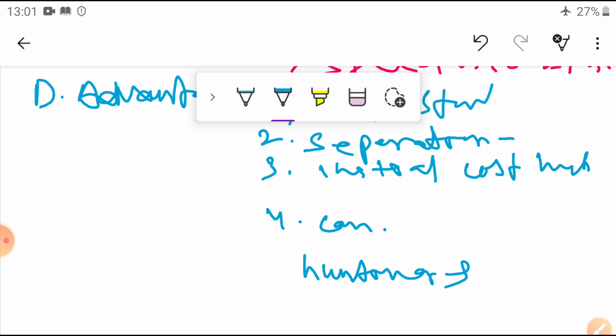Some disadvantages: it is not a self-starting motor, needs separate excitation, initial cost is high and cannot be used for varying loads. If overloaded, it automatically stops and it has a tendency of generating hunting. Okay, so these are some disadvantages of the machine.